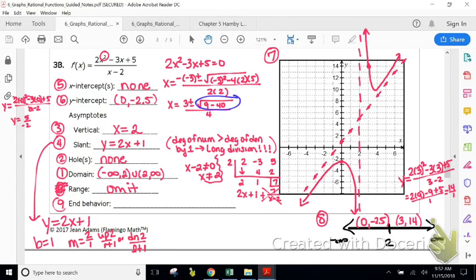So I'll make end behavior number 9. Tell me what's happening as my x's are going to the left, to negative infinity. Well, I'm going to change this to blue here, and I'm going to trace over my line. As my x's are going to the left, what are my y's going towards? Negative infinity.